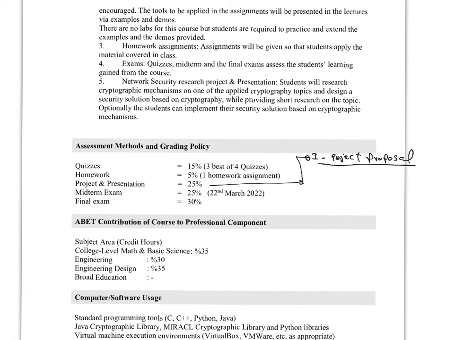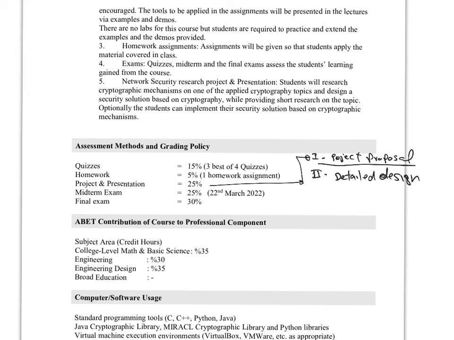So there will be an assignment, which is project phase 1, the project proposal. Then project phase 2 is going to be the detailed design. In the detailed design, you are expected to provide all the details, everything except the implementation part.